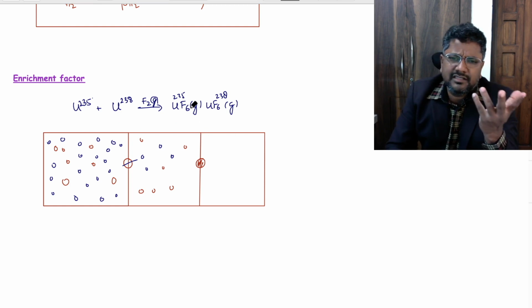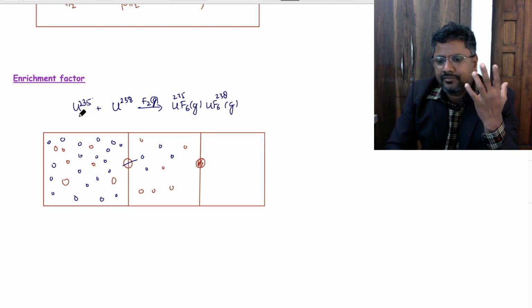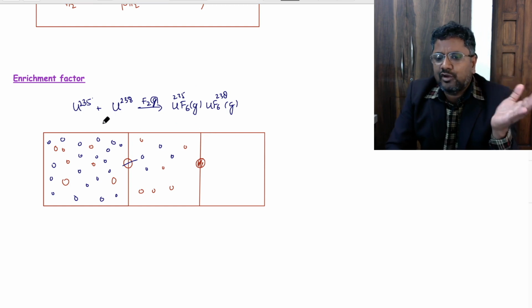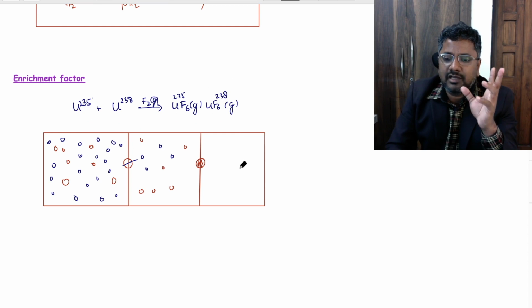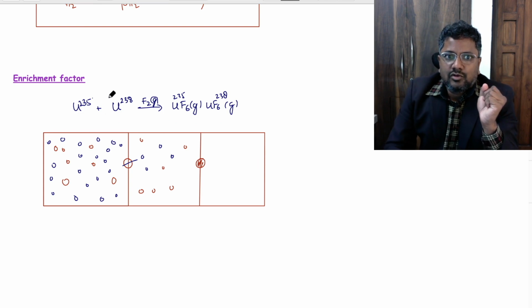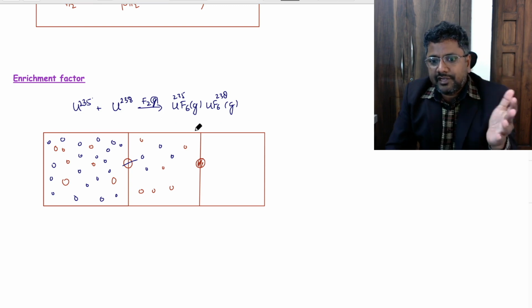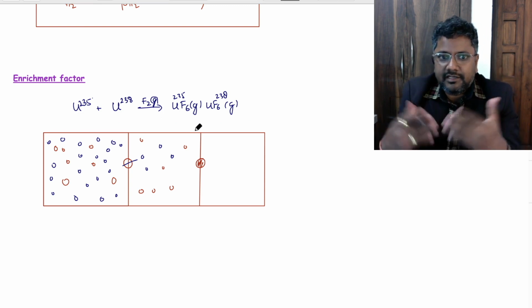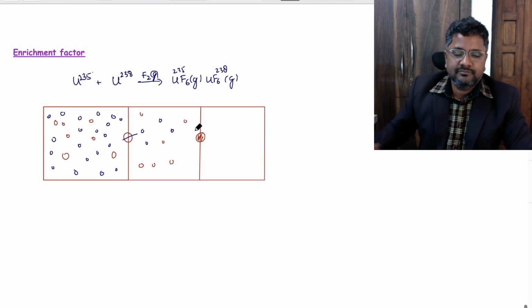I think in nature 235 is 0.7%, and if I'm not wrong, then to enrich uranium 235 from 0.7% to 7%, you have to perform this experiment 512 times. So 235 and 238 can be separated by using this Graham's law, and here we are using this enrichment factor.